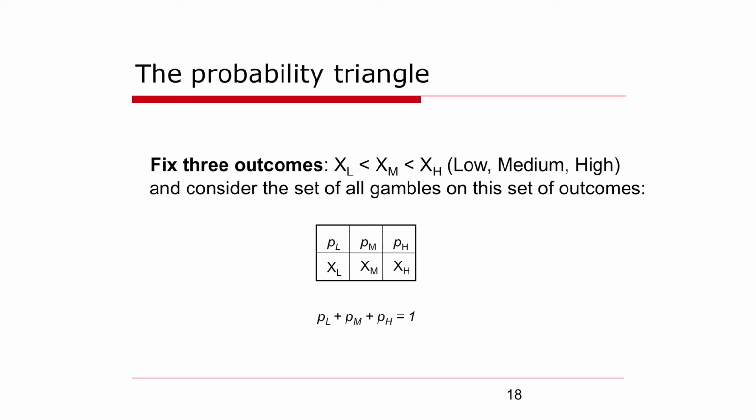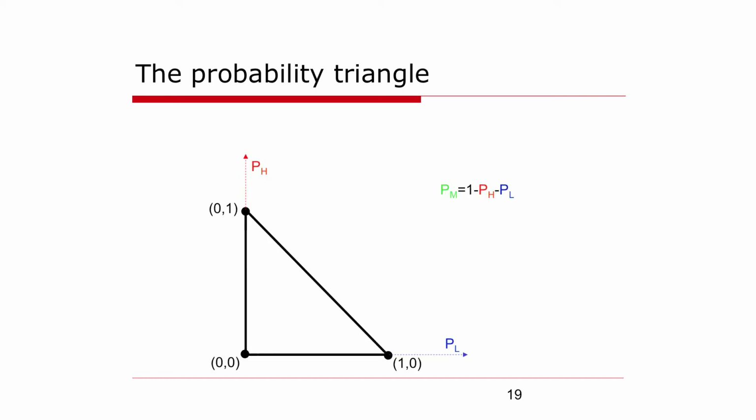What you vary for each gamble is the probability of winning the low, medium, and high outcomes. Of course, these three probabilities must sum to 1. That is the constraint, the normalizing condition. Because of this, every possible gamble, in which you vary the probability values for low, medium, and high, can be represented on this two-dimensional triangle.